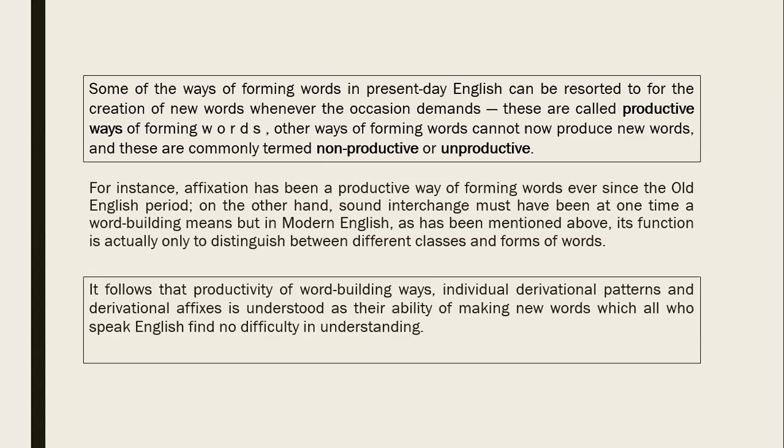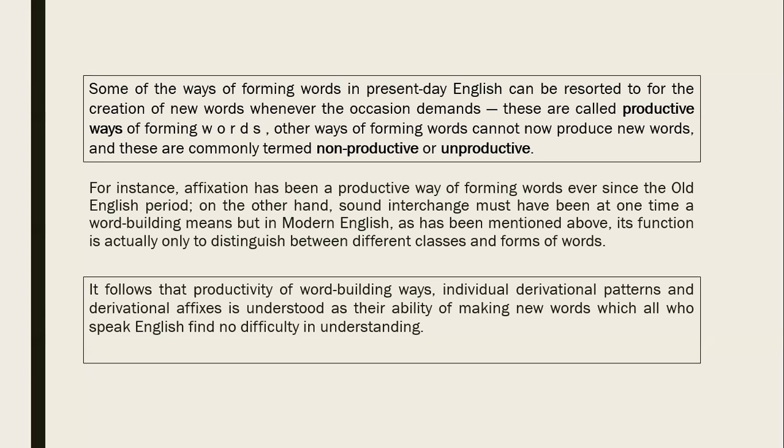So some of these ways of forming words in present-day English can be resorted to for the creation of new words whenever the occasion demands; these are called productive ways of forming words. For instance, affixation has been a productive way of forming words ever since the Old English period.